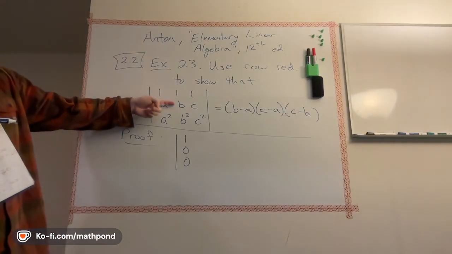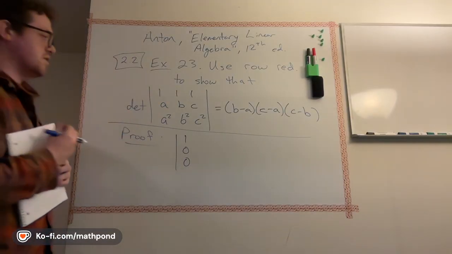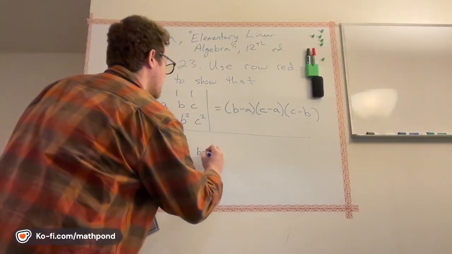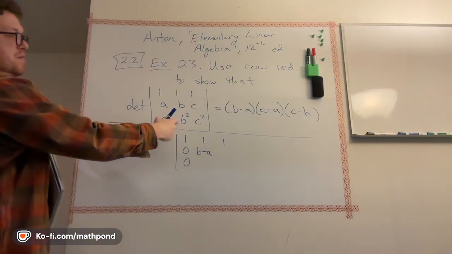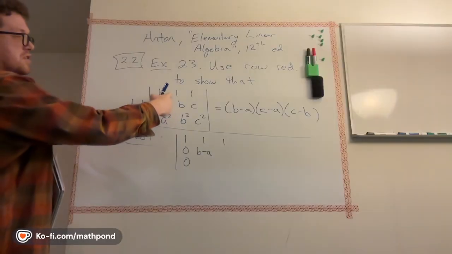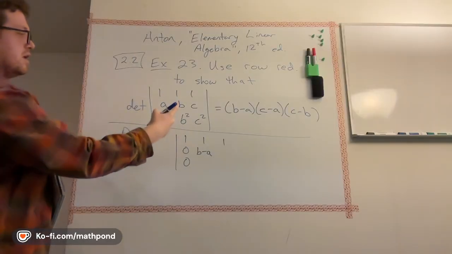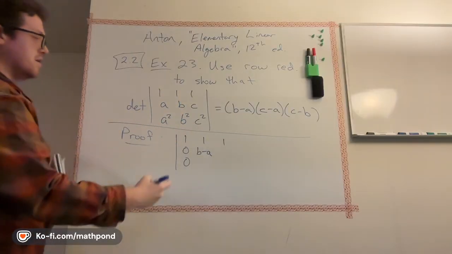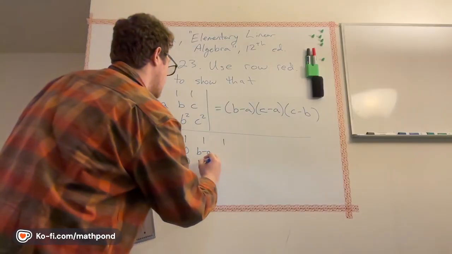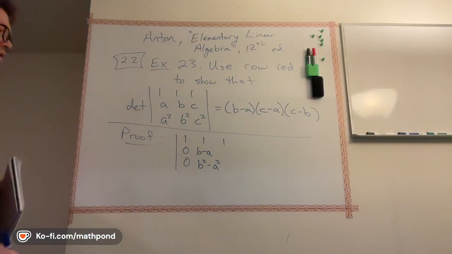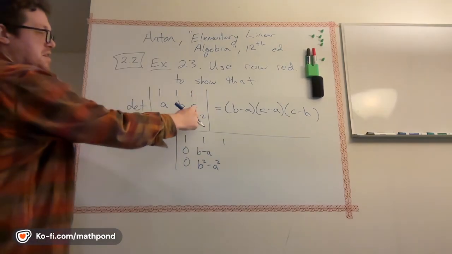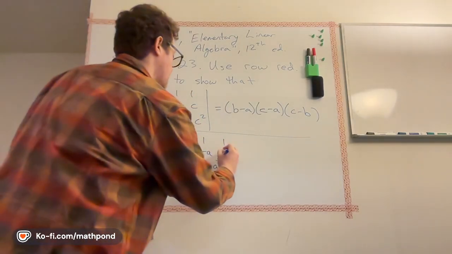Then we have b minus 1 times a, so this is b minus a, and then we have b squared minus a squared. And then we have c minus a and c squared minus a squared.